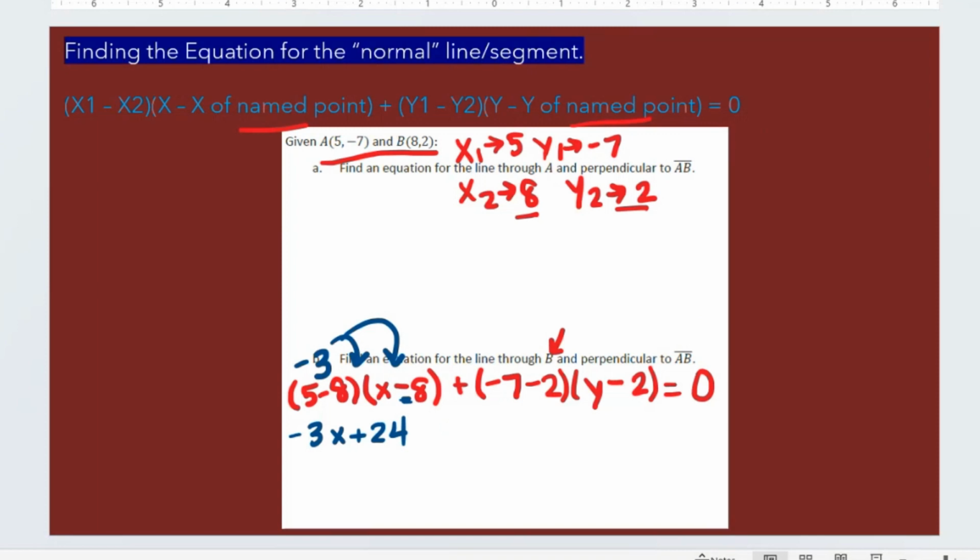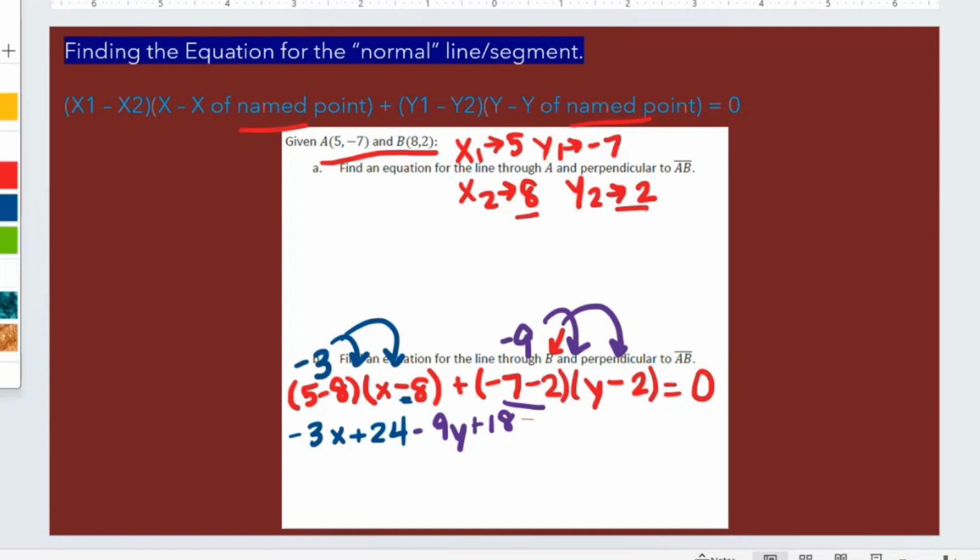Now we're going to move over to the second part here. We have negative 7 minus 2. It's negative 9. And I'm going to distribute it. Negative 9 times y is negative 9y. Negative 9 times negative 2 is going to be a plus 18. And again, that's all going to be set equal to 0. I'm going to look for what I can combine.